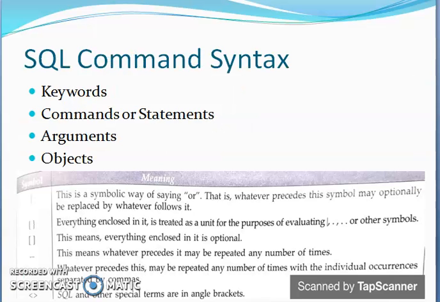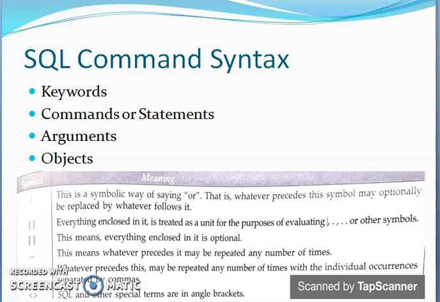Okay, next is SQL command syntax. SQL provides a predefined set of commands that help us work in a relational database. Before that we want to discuss what keywords, statements, arguments and objects are.